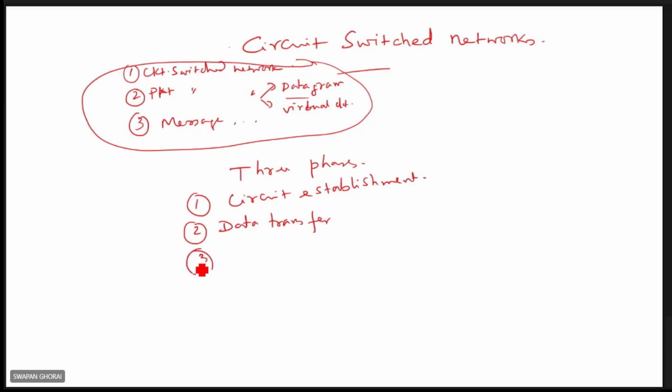And the third one is the circuit disconnect. In this case, first a connection is established between the sending station and the receiving station, right?